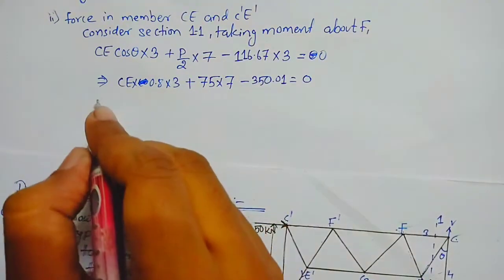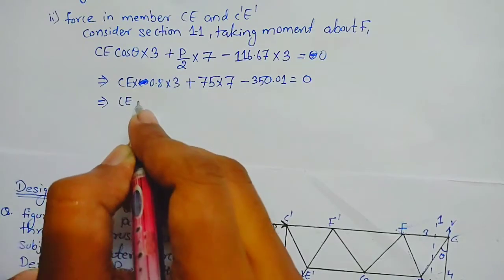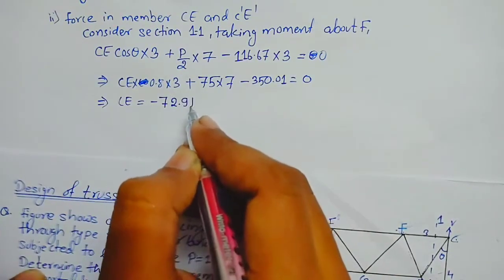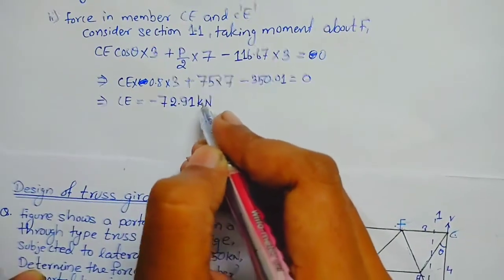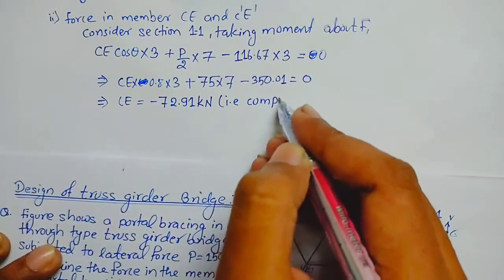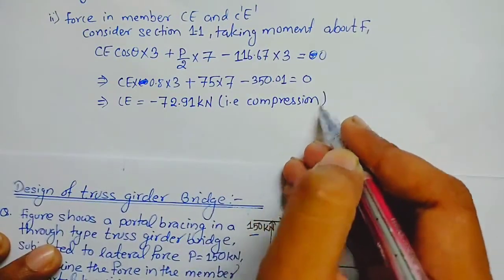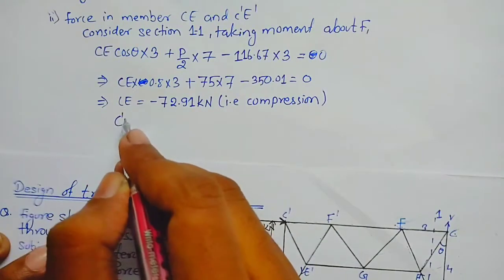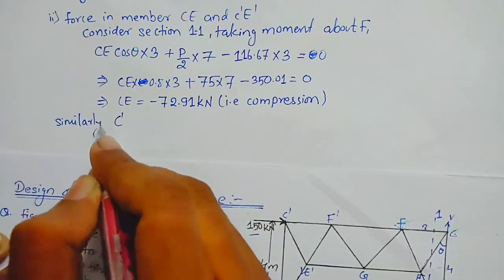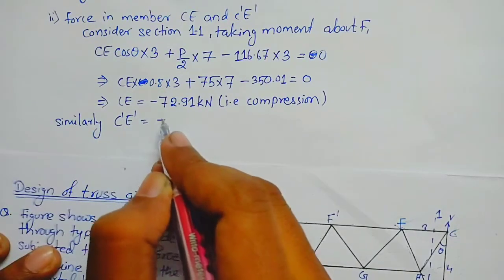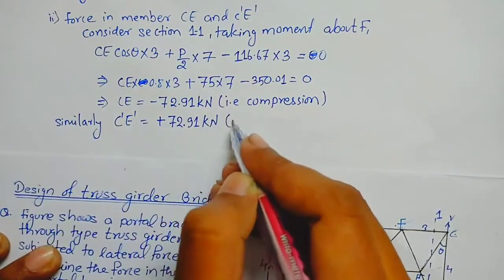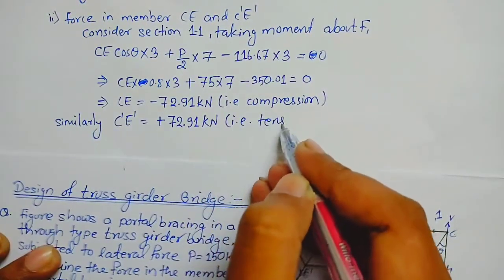On solving this, we will get the value of CE, which will be equal to minus 72.91 kilonewton, and the negative sign indicates that it is compression. Similarly, the force in C dash E dash will be equal to positive 72.91 kilonewton, that is tension.